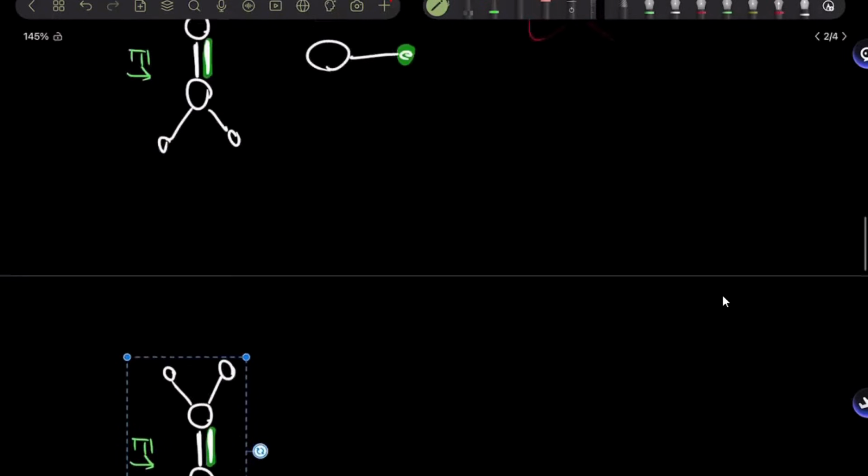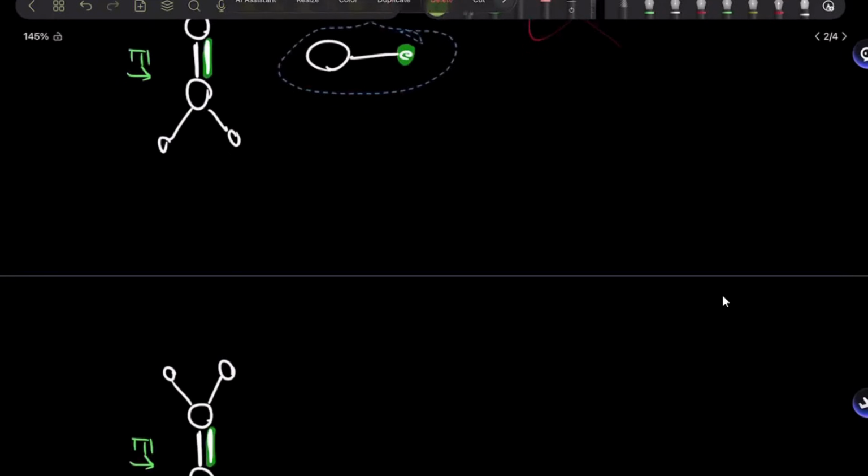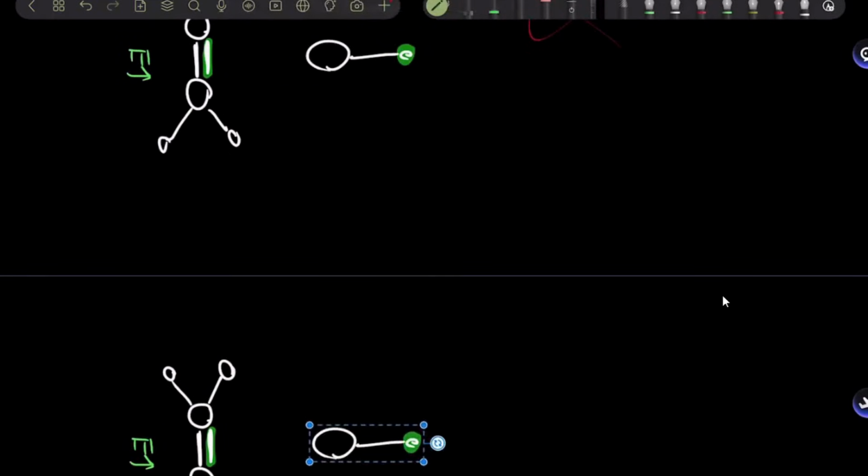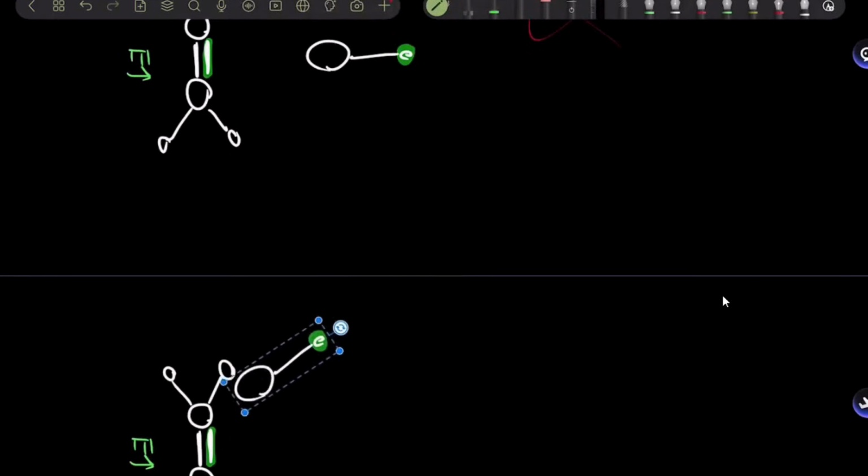What about this orientation over here? Are they going to react like this? No. This is also not the correct orientation. So in this collision, they're going to collide with each other and then bounce back. That means no previous bonds were broken, no new bonds were formed. They just bounce back and remain in their own states, as their reactant states.